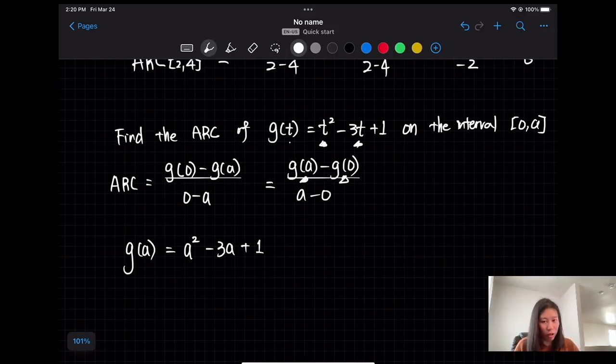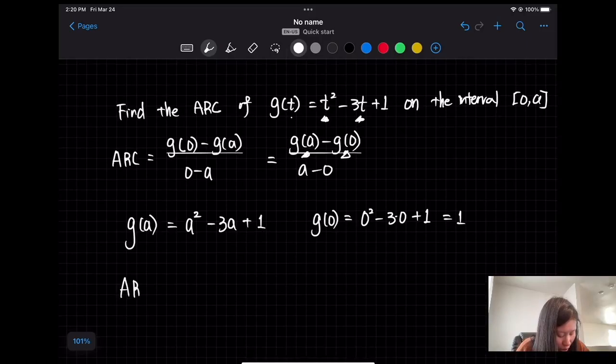Easy. You don't need to simplify here. That's it. And then we also need to know g of 0. Well, we substitute every t with 0. So I have 0 squared minus 3 times 0 plus 1. So I have 1.